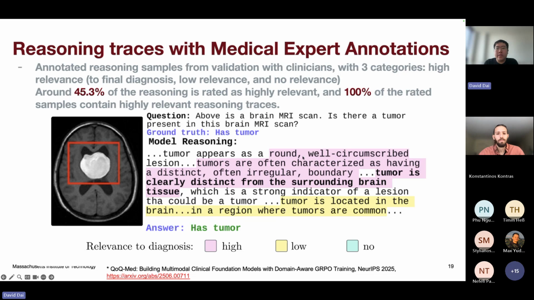And here is an example of the reasoning trace. You can see the model is able to correctly identify the abnormal parts in the image and refer to its own medical knowledge to explain why it thinks this is abnormal. Then it arrives at the final diagnosis after all this explanation, which is correct.